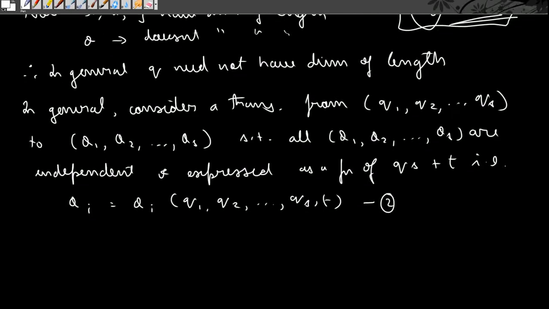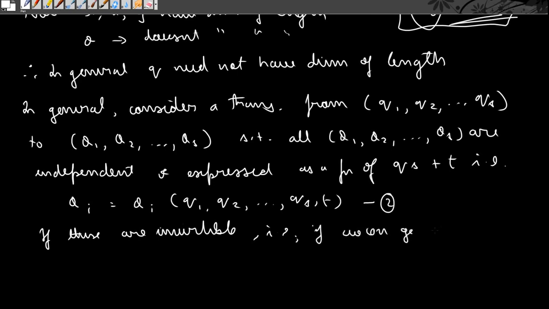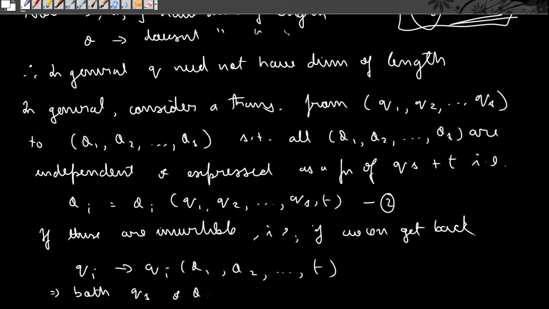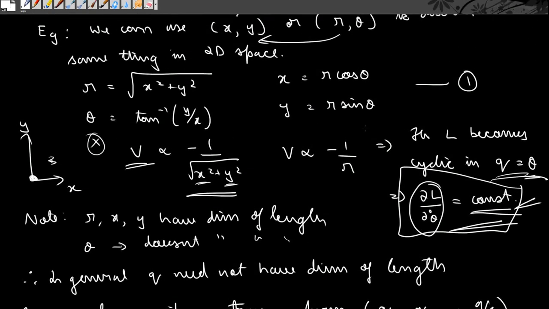If these are invertible, that is, if we can get back our old coordinates as a function of these, then this implies that both the q's and the new coordinates are describing the same thing, in the same sense as what happens here.